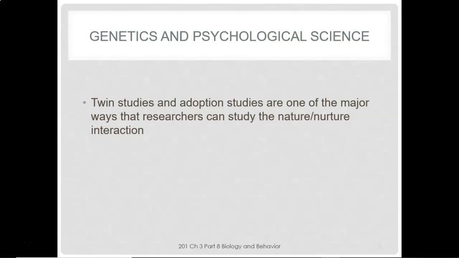One of the major ways that we can research the human condition is to use twin studies and adoption studies. And this lets us tease apart what part of the human condition is nature and what part is nurture. Now, as we've talked about previously, it's really difficult to tease these apart, and nothing is just nurture or just genetics.